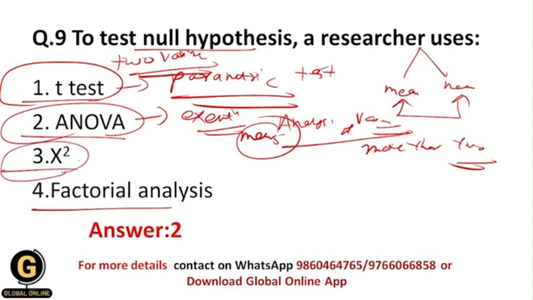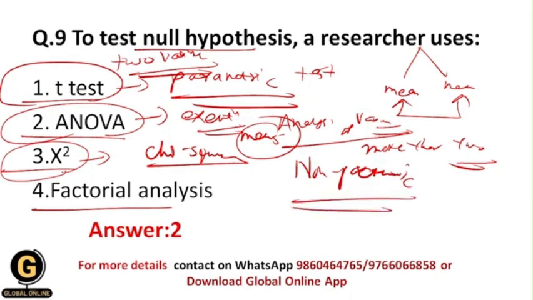What is X square? X square is the chi-square test, okay, and chi-square test is a non-parametric test, and chi-square test is done to understand the difference between the expected values and the values that we get through our results basically, okay. And that's why to test a null hypothesis, researcher does not use chi-square test, okay.